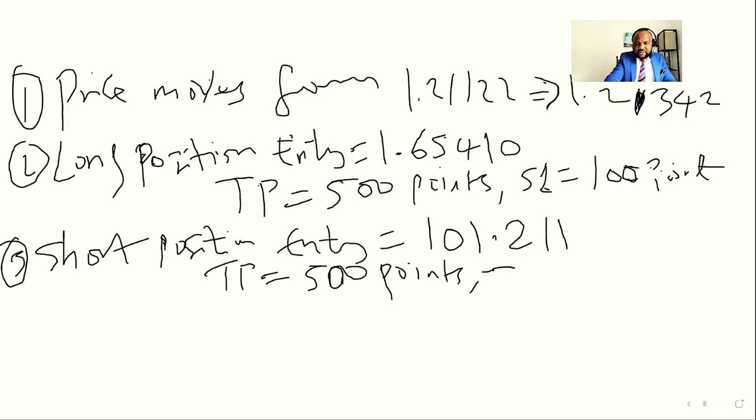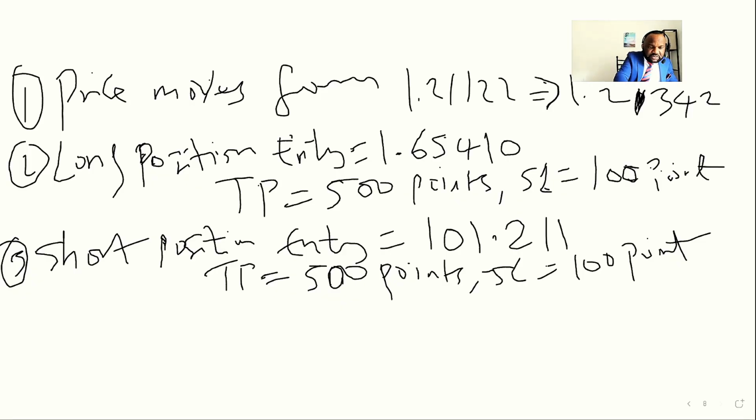Our stop loss target, 100 points. We've not done this one, you can give it a shot. It's the same thing, I gave you the diagram. It's a sell, so you minus to get your take profit. Everything is in points, so you don't have to convert pips to points. Subtract from entry to get your take profit. You add to entry to get your stop loss.